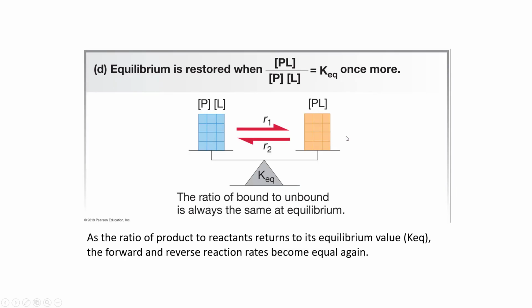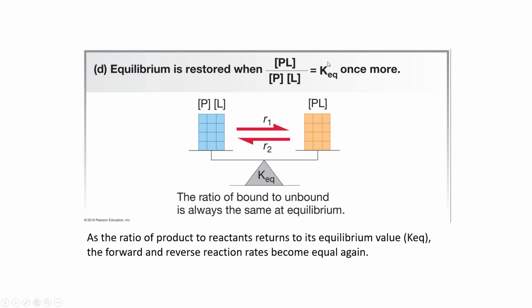So eventually, if we just add it and don't add any more, then you reach an equilibrium state. Now there's more P and there's more L, but there's also more of the product PL. And at equilibrium, KEQ would come back to being KEQ. In other words, this ratio would then equal KEQ again once more.